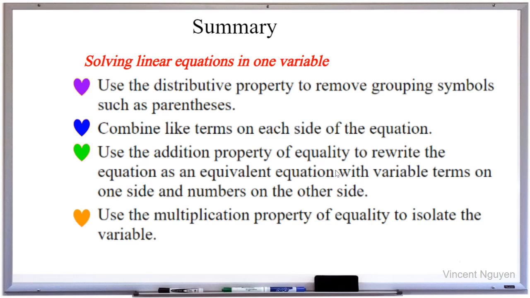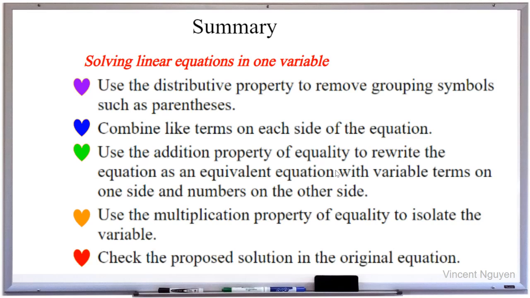So if we multiply something on one side, we need to multiply on the other side to remove what we don't want. And then if you have time, take that value and plug it back into your original equation to check your answer. Check your answer.